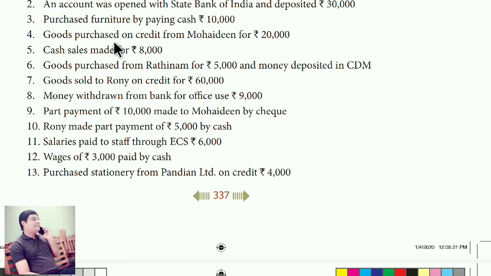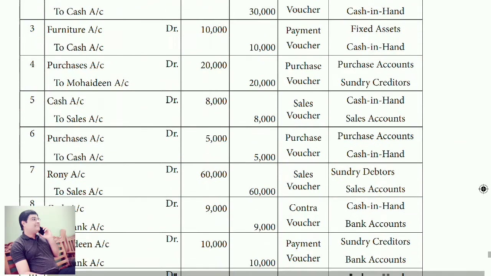So, simply, purchase account debit to Mohiddin account, 20,000 rupees. When we purchase, it means purchase voucher. Purchase will come under purchase account. Mohiddin is a sundry creditor because we have to pay the money, so that will come under the sundry creditors group.